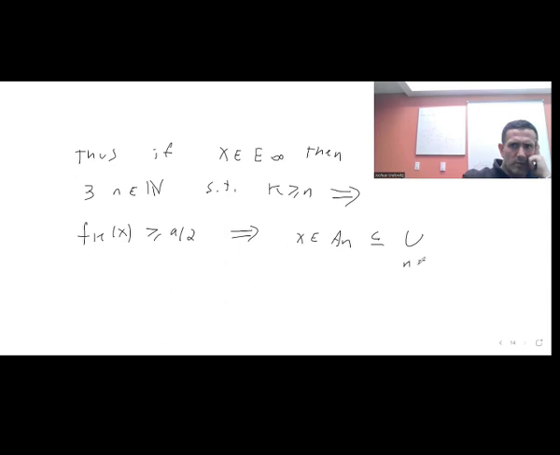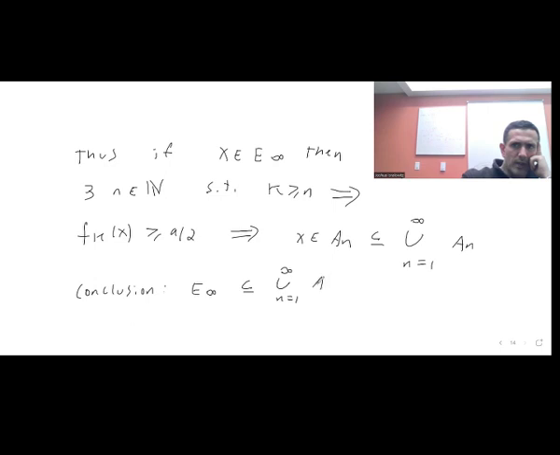And the point is, as x varies, you might have different n's. Well, just take the union. So that means x is in the union of the A_n. Okay, so in other words, E_infinity is a subset of this union.